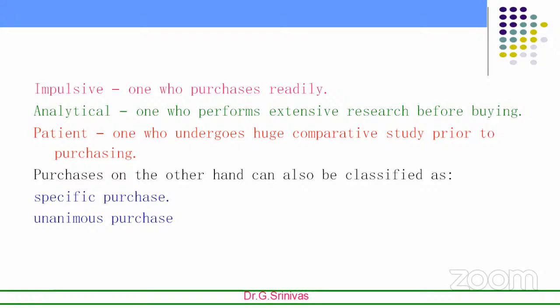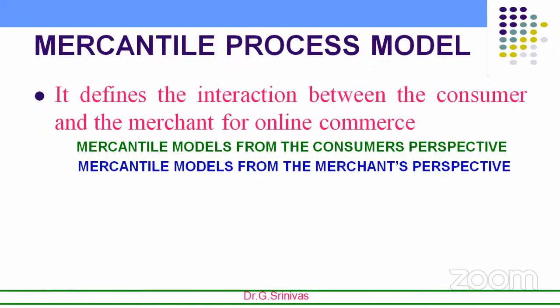The purchases, on the other hand, can also be classified as specific purchase and unanimous purchase. So here we have different types of purchase: impulsive, analytical, patient, specific purchase, and unanimous purchase. These are the various types of purchases, and we have different customers also. So here we have to discuss the mercantile process.